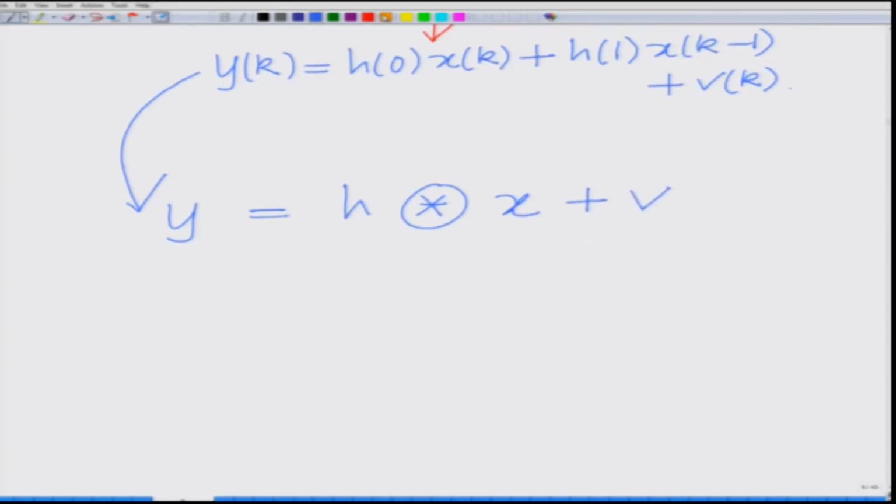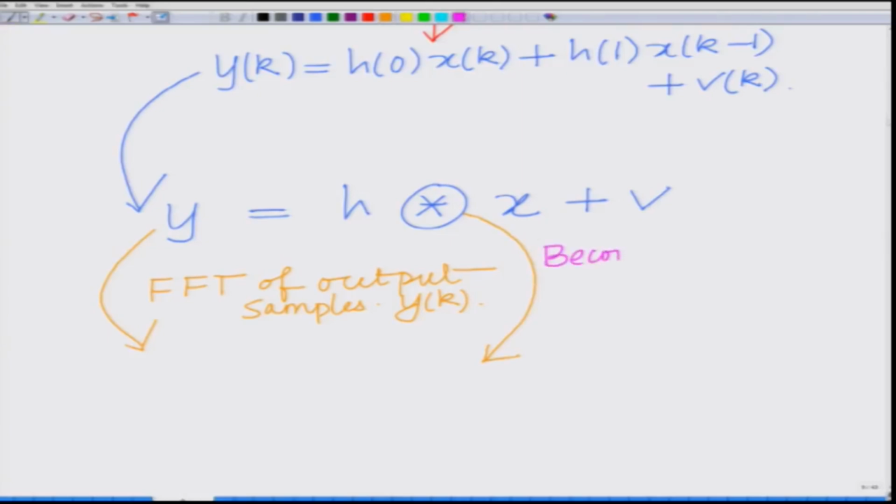Now once you take the FFT of the output samples y, this circular convolution becomes multiplication in the frequency domain.